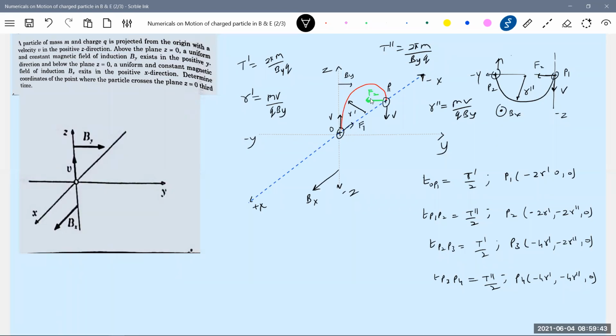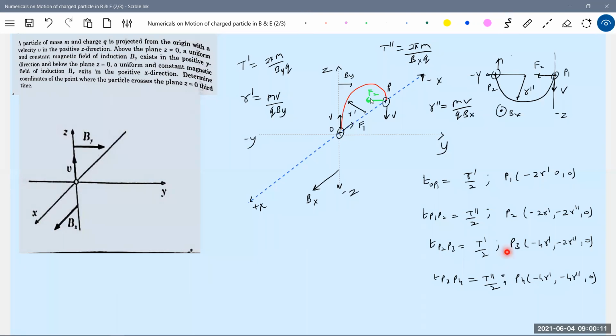Shall we take third time means P3 or P4? Shall we take this as the required answer, or shall we go for this? Anybody?